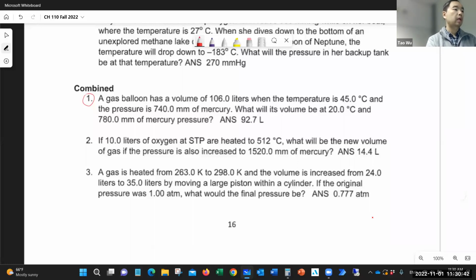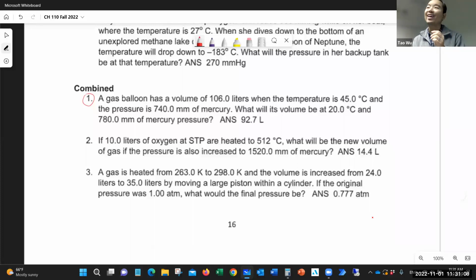Okay, so since the parameters are getting more and more, we have several gas laws showing up here. I'm sure you know each of these equations and how to solve them.